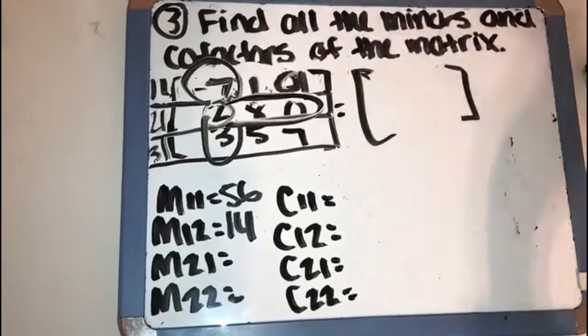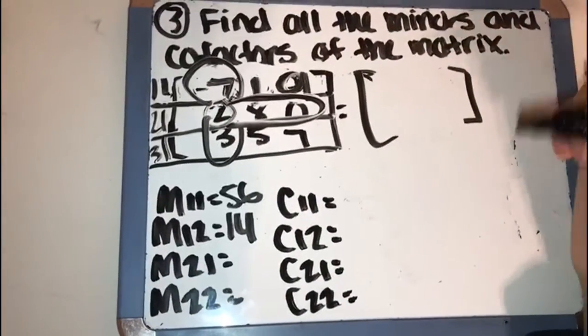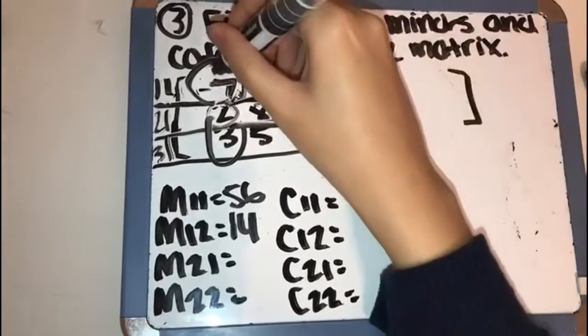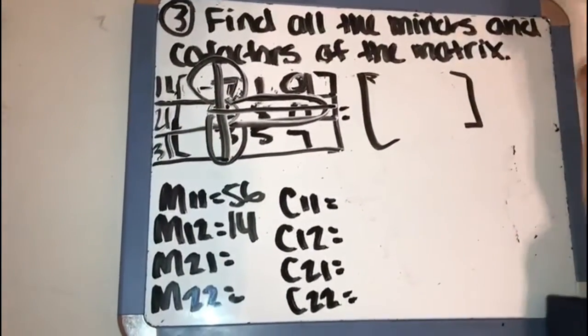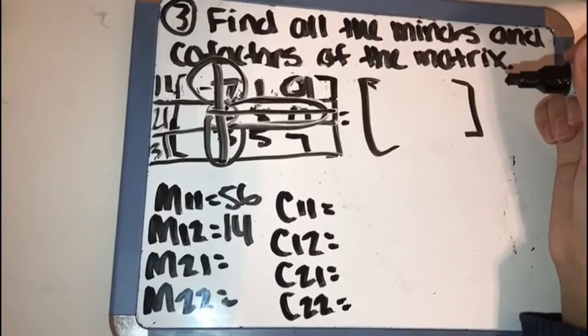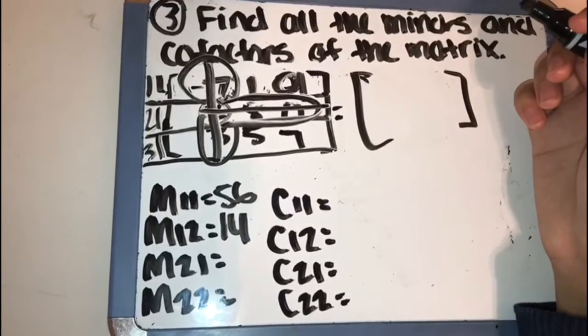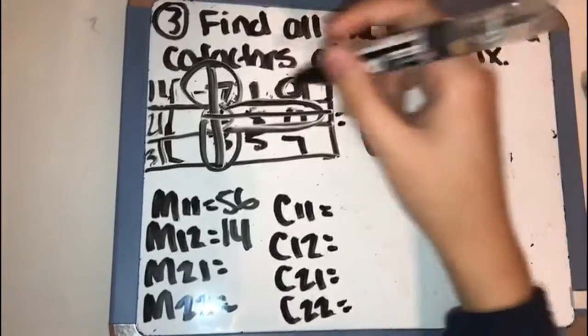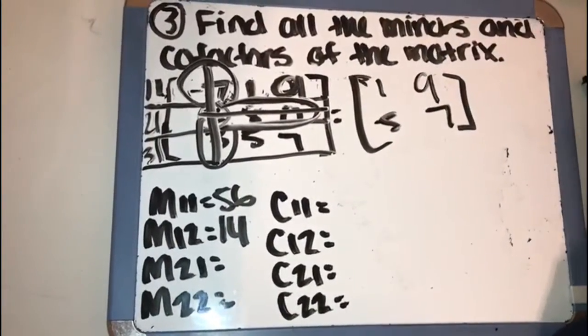Okay, yeah, so it'll be like this. Now let's try solving. It's gonna be like this and just cross out the blanks, okay? Let's get started. So it's 1, 9, 5, and 7.